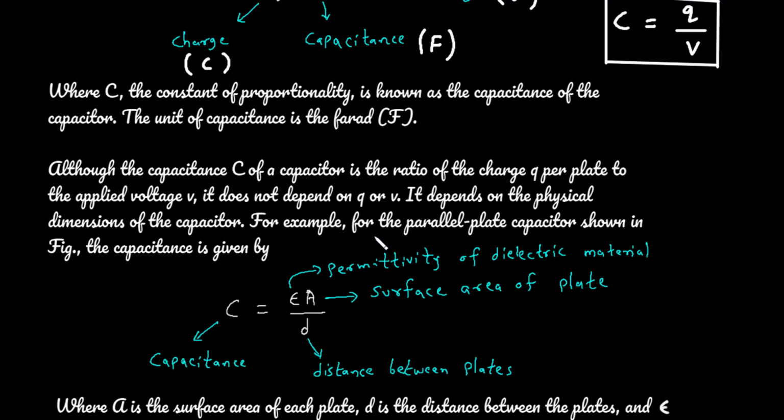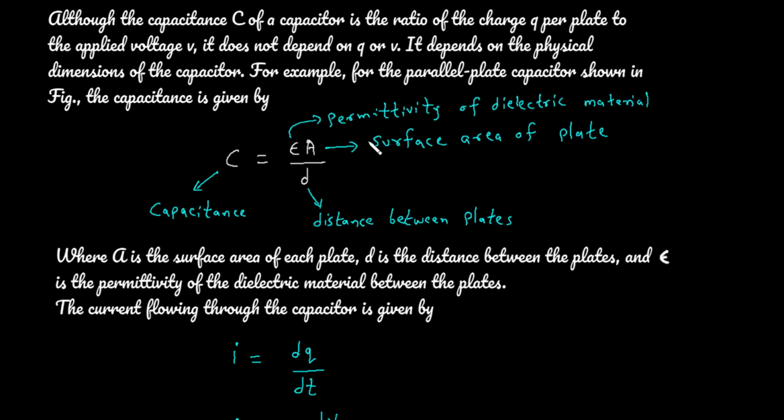For example, for the parallel plate capacitor shown in the figure, the capacitance is given by C is equal to epsilon A upon D, where C is the capacitance, epsilon is the permittivity of the dielectric material, A is the surface area of each plate, and D is the distance between the plates.